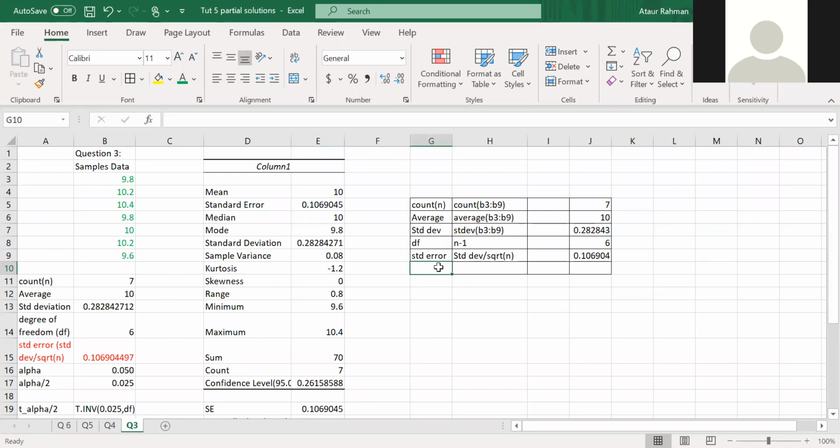And what is our level of significance? Find the 95% confidence interval.